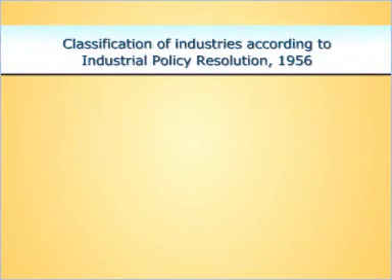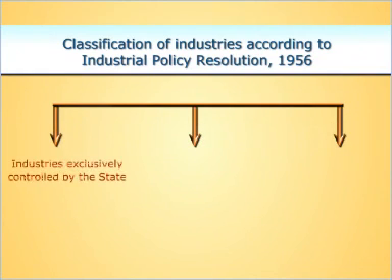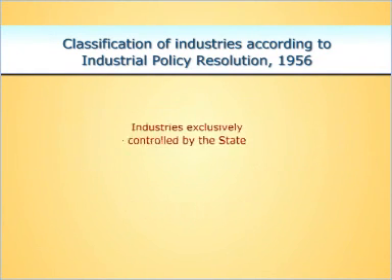The Industrial Policy Resolution 1956 classified industries into three categories. The first category comprised of 17 industries which were to be an exclusive responsibility of the state.